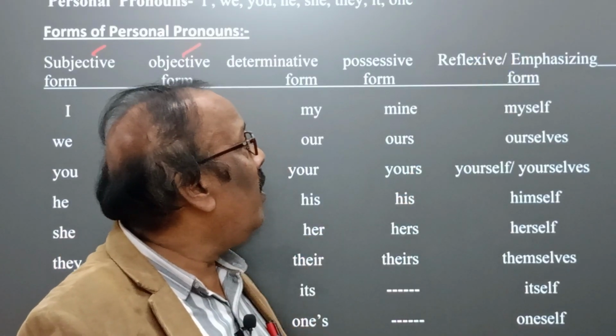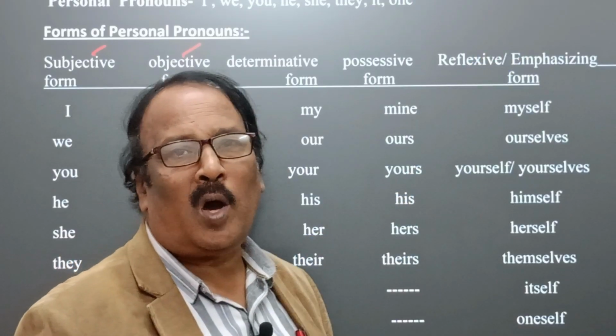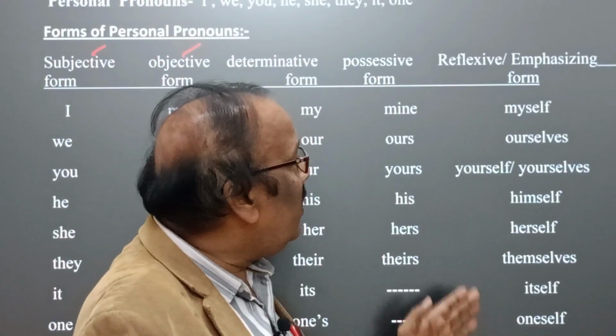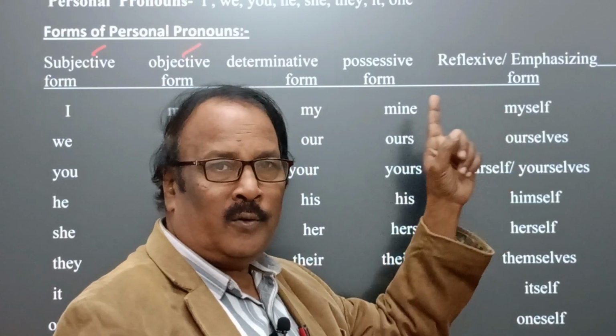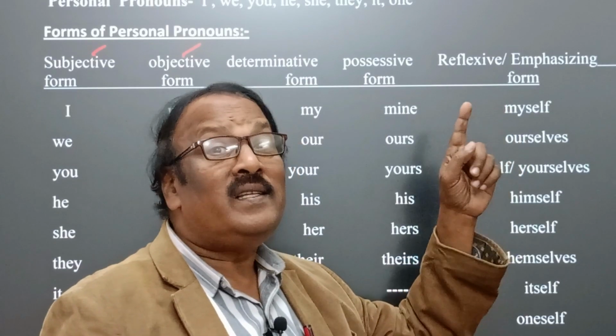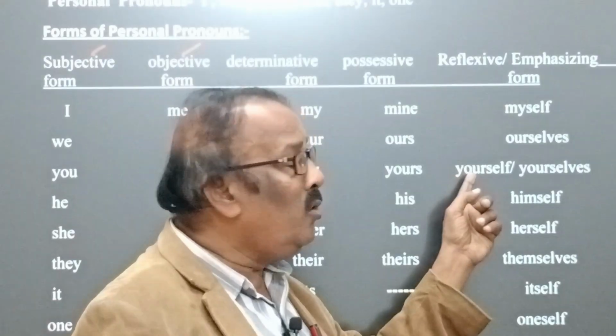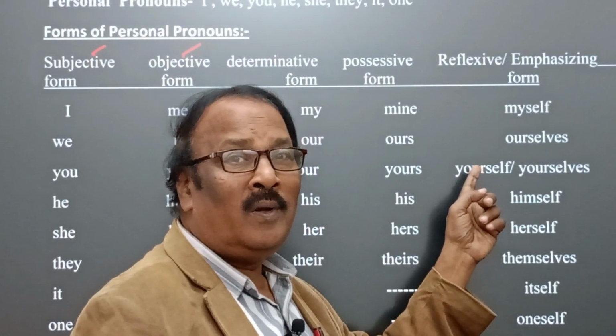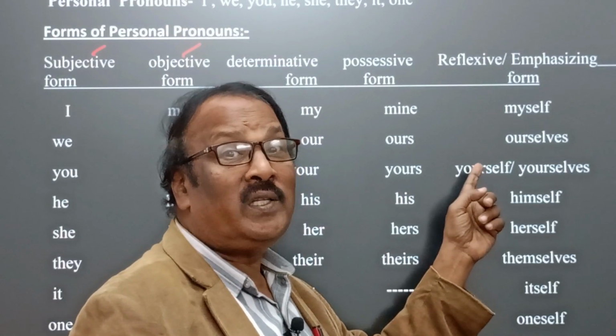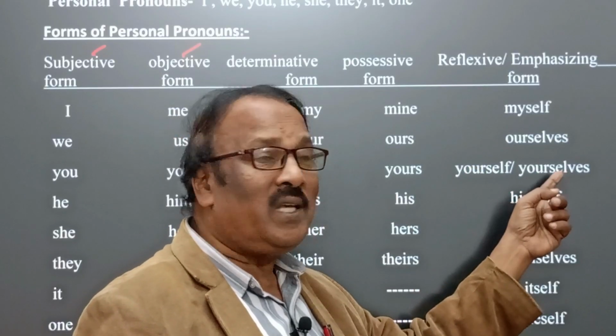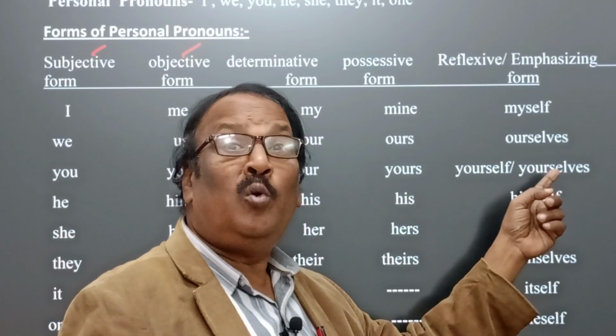Now come to reflexive or emphasizing form of personal pronoun. Here we find myself. Whenever singular, then self; whenever plural, then selves: ourselves. And yourself for you, second person singular; yourselves, second person plural.